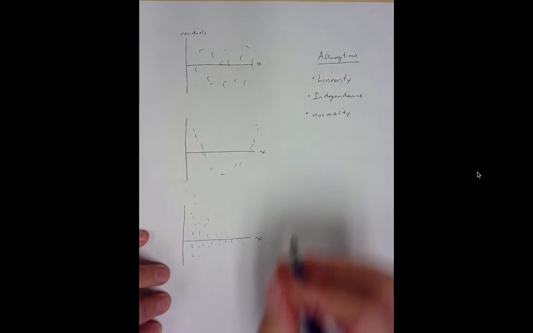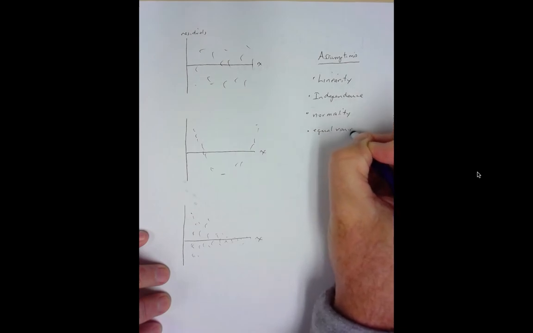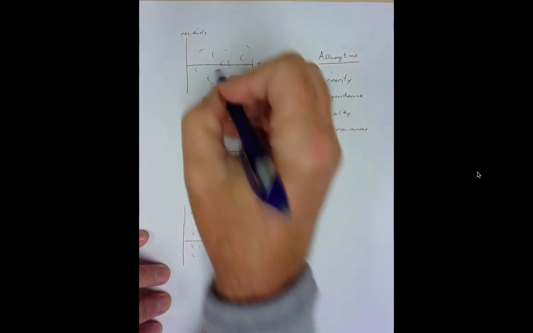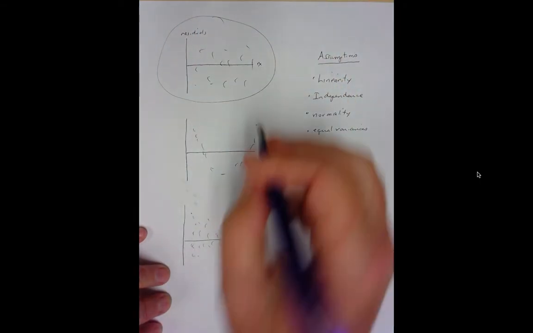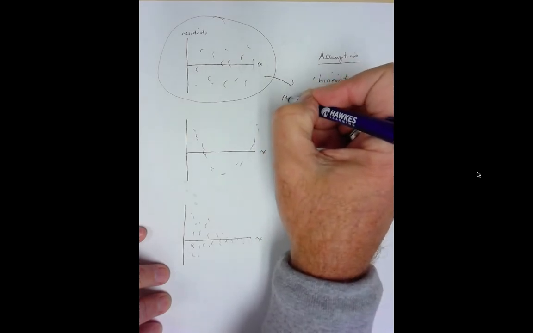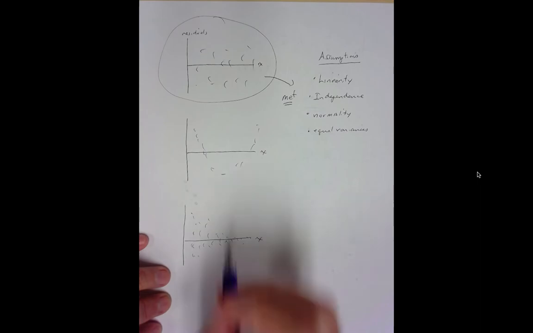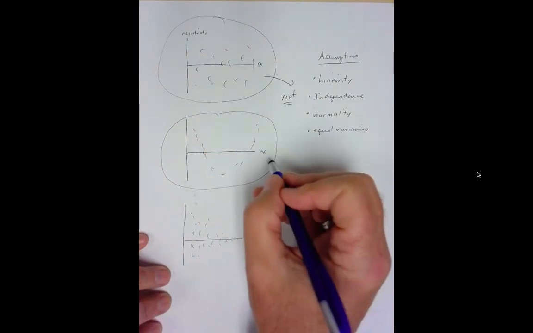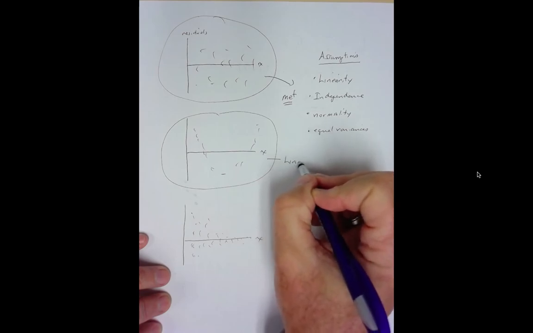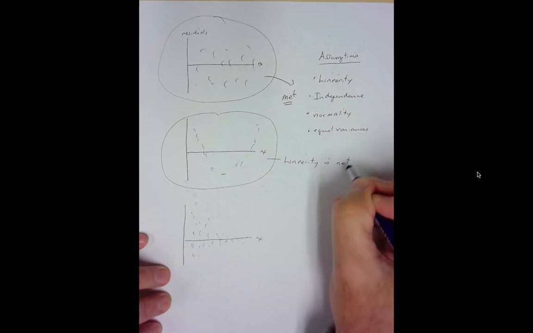And the final thing is we have to have equal variances. When we have a residual plot that looks like this, we can assume all of these are met. When we have a residual plot that looks like this, linearity is not met.